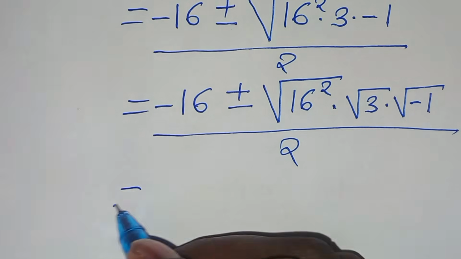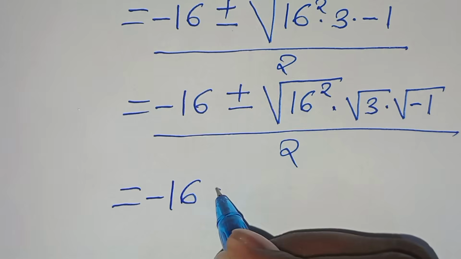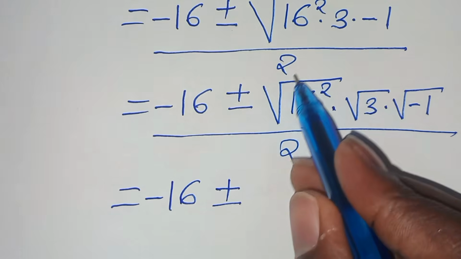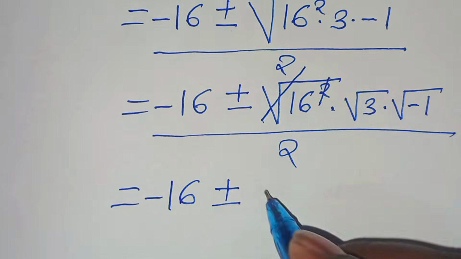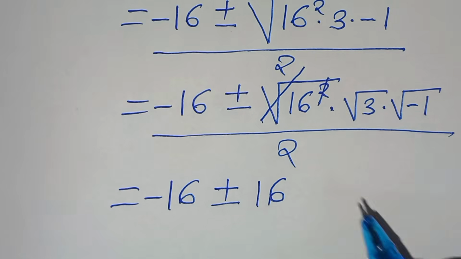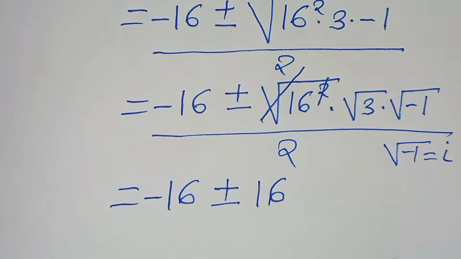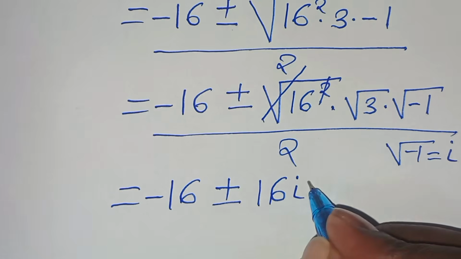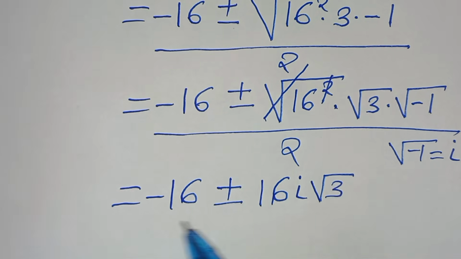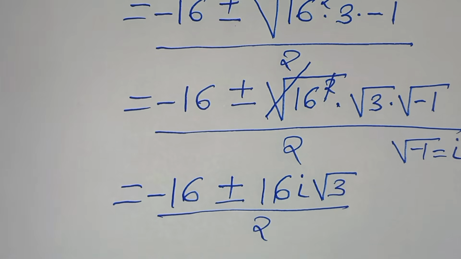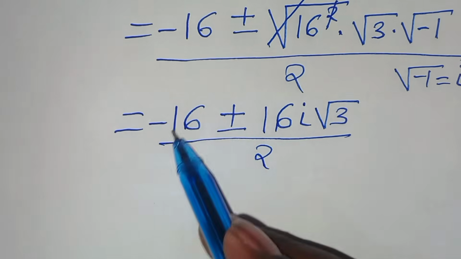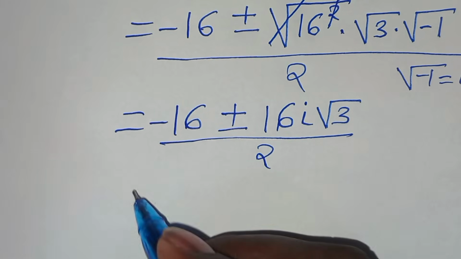So we have negative 16 plus or minus. Let's eliminate the square root sign here, so we have 16 square root of negative 1, which is equal to i. So we have 16i square root of 3 divided by 2. In the numerator here, 2 is common.